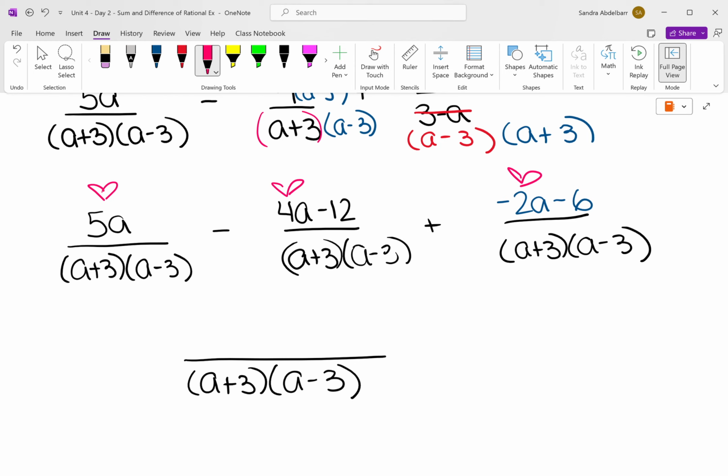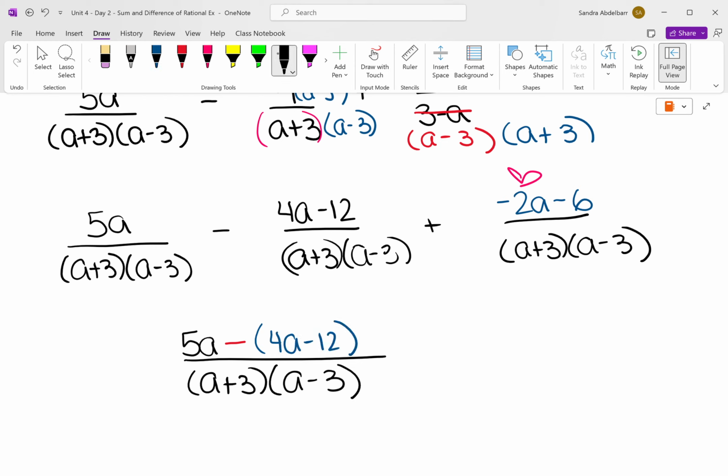So I have a 5a, oh, sorry, you know what? Nope, because of that minus, so we don't get confused, I'm going to write it out in the numerator. So we have 5a minus, because I'm subtracting that whole quantity of 4a minus 12, what am I going to put?